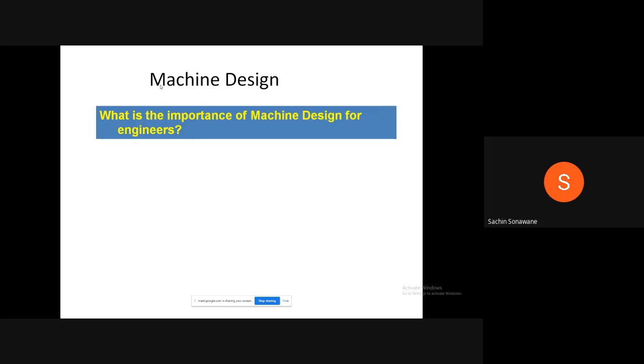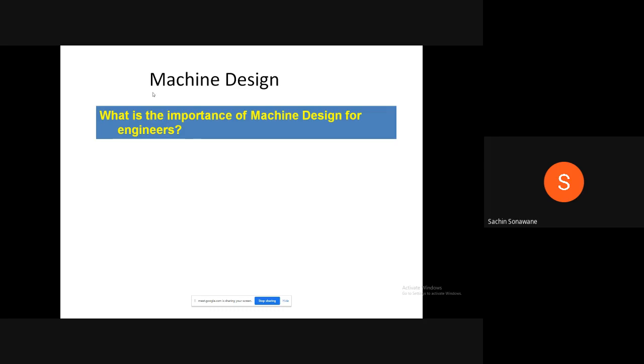Machine is a device which converts available energy into useful work. Therefore, machine consists of different links. When these links are joined together, they form a kinematic chain. And if one of the links is fixed, then it is known as mechanism.